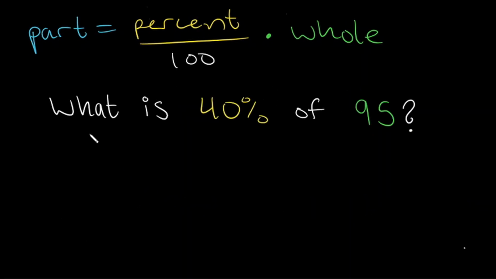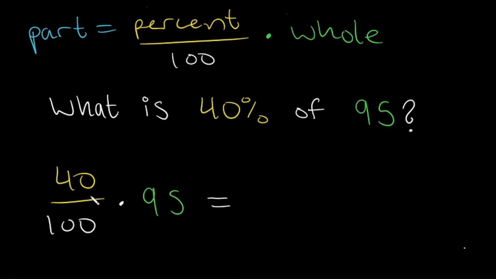Let's try another example. What is 40% of 95? We already know what we're solving for because this is structured the same way as the last question. So we have our percent and our whole. Let's solve for the part. So 40 divided by 100 multiplied by 95. 40 divided by 100 is going to be 0.40.